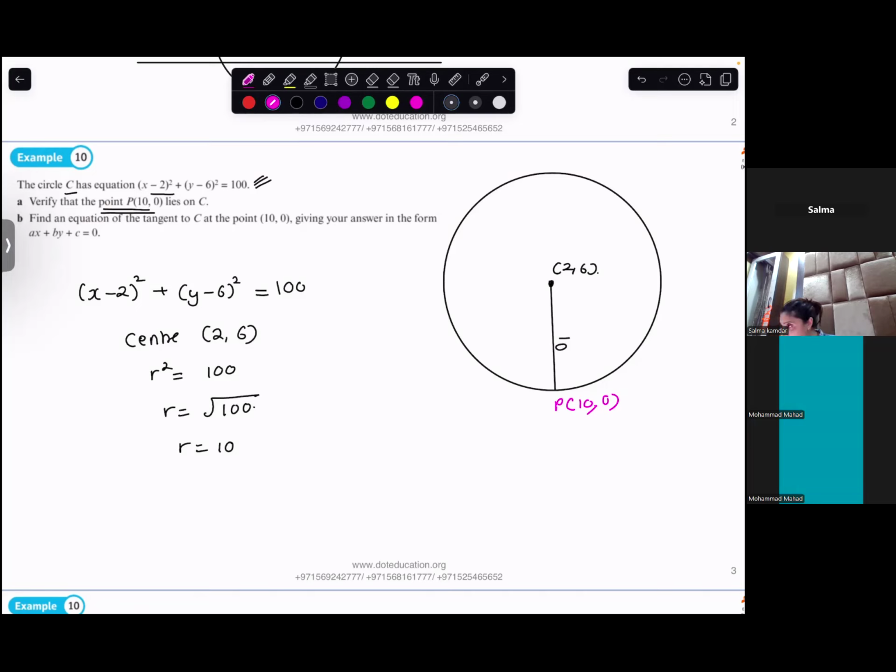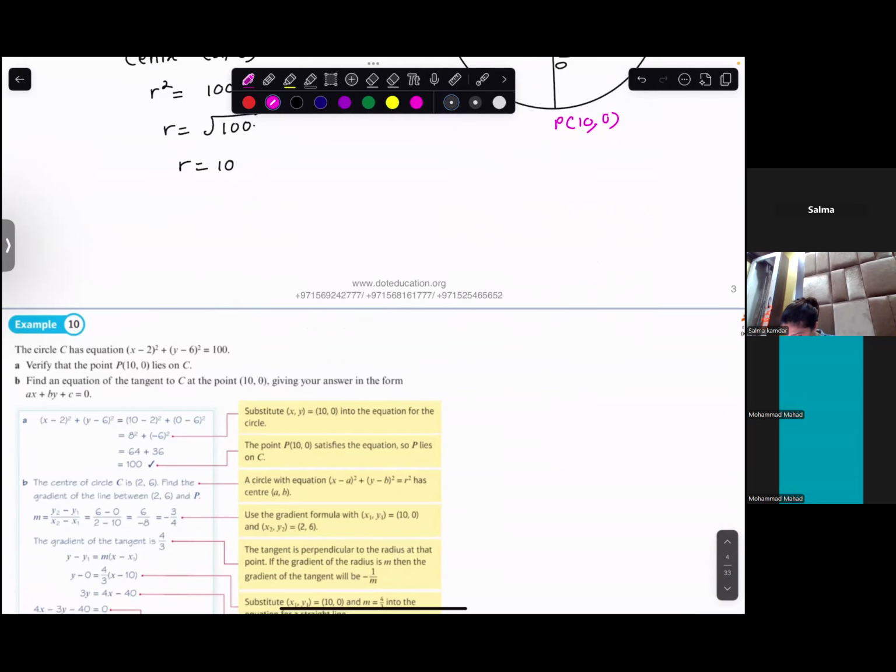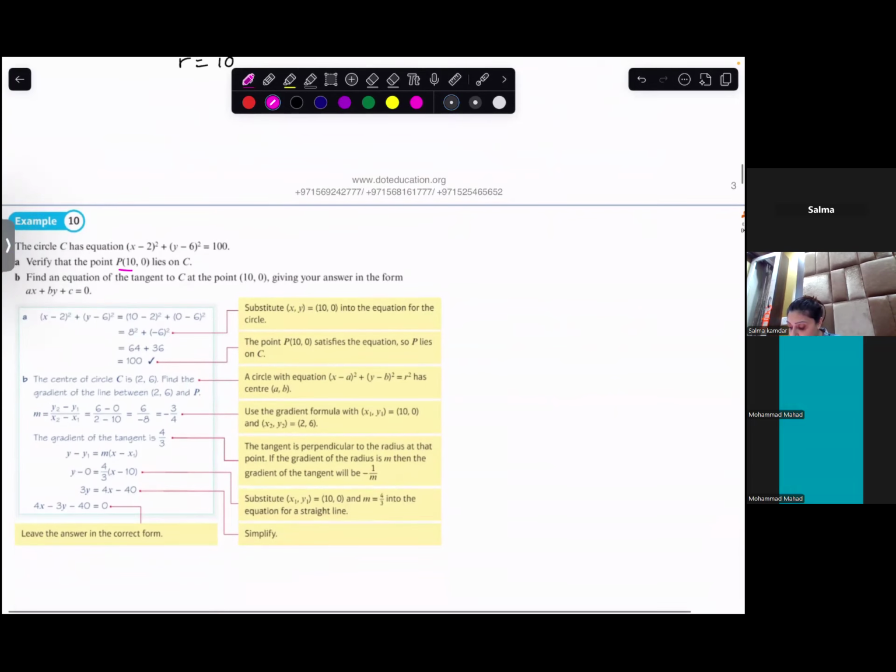If we plug in the value of P into the equation of the circle, and if it satisfies the equation, this is the equation of the circle, right?